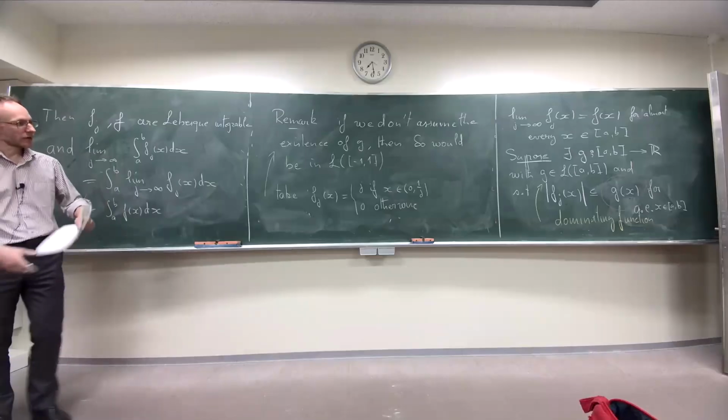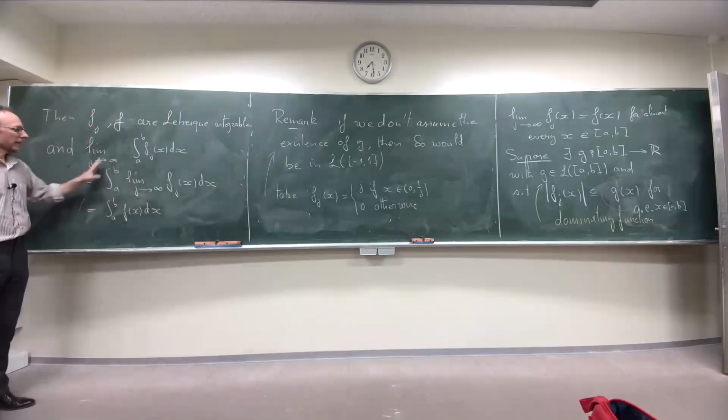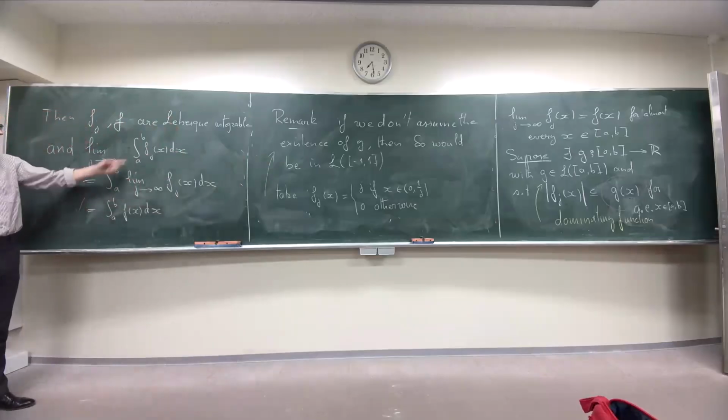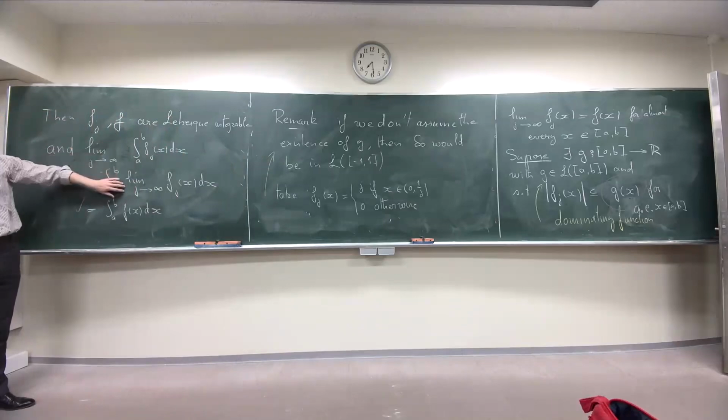So for this kind of function, check that this equality is not true. What is this integral for this f_j? It's always 1. 1 is not equal to 0.